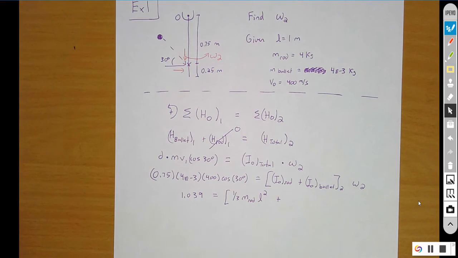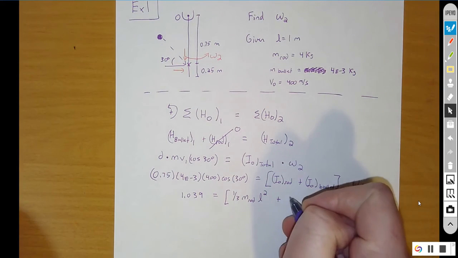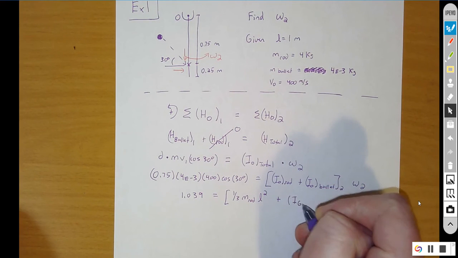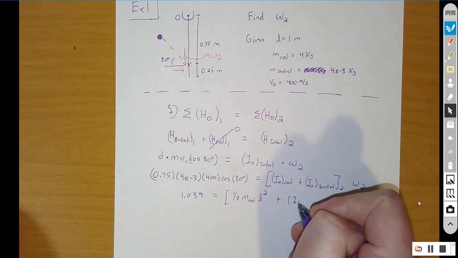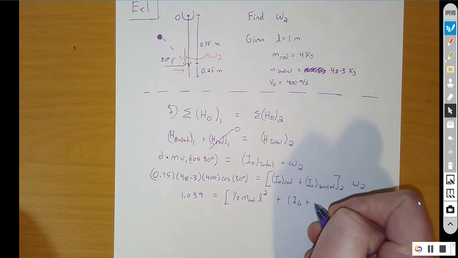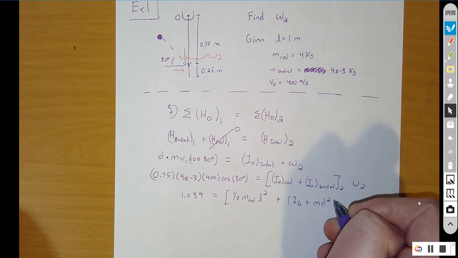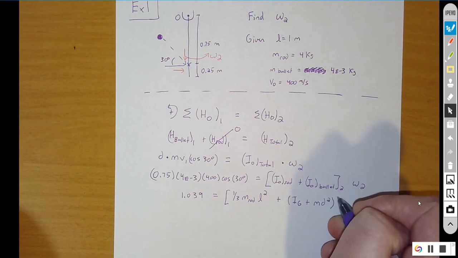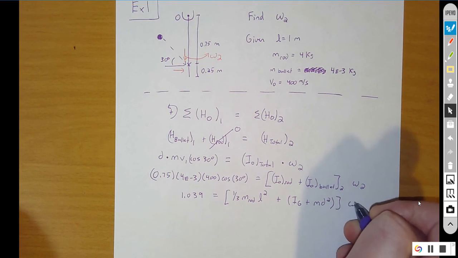I'll write it out and I'll explain what's going to happen. We're going to get I G for the bullet. We're going to use parallel axis theorem, mass times distance squared. This is all for the bullet at state 2, and then we have omega 2.